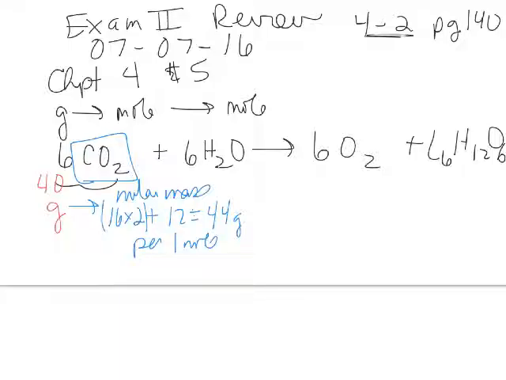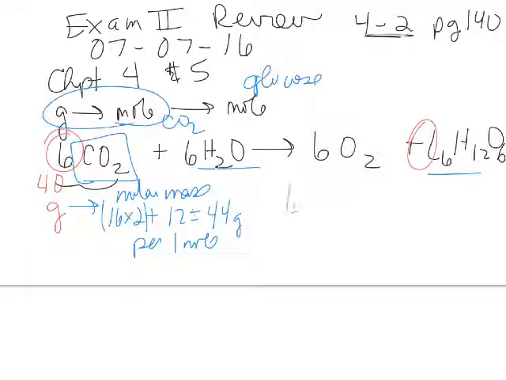And then once you get your moles of CO2, you can convert that to anything. You can go to moles of water, you can go to moles of glucose. So let's say we wanted to go to moles of glucose. Well, then your conversion factor would be your coefficients here, and for 6 mole of CO2, you have 1 mole of glucose.